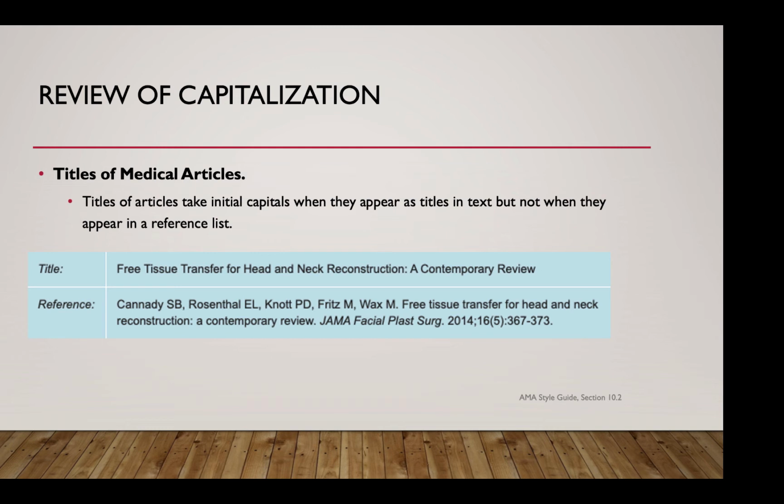You only capitalize the first word and then any proper nouns that appear in the title. So this is what it would look like. The top is an example if you mention it within the text, and the bottom is what it would look like if you mentioned it on a reference page.